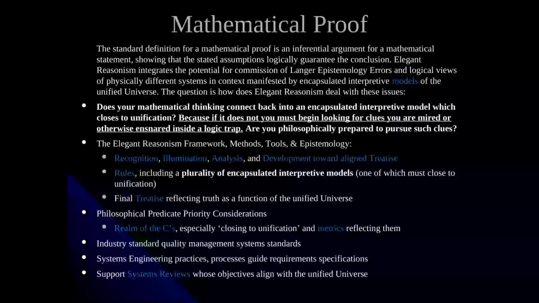We also want to make sure that the philosophical predicate priority considerations are in the context of what we call the realm of C's. They're words like cogent, coherent, cohesive, close, like closing to unification. And then there are metrics with all of those that can be embedded in the analytical stack that is the translation matrices.